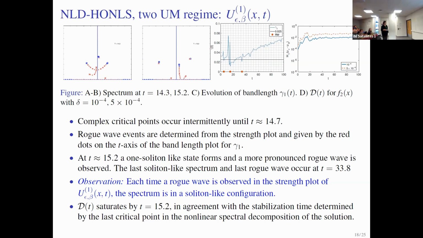And so if we look at D of T, which is the evolution of the difference between U delta and U naught, that H1 difference of U delta and U naught, we see that the instability is saturating, the growth is saturating around 15.2 in agreement with the stabilization time determined by the last critical point. Again, you never get double points. If they don't persist as double points for some reason, you're never going to get double points once the evolution starts.